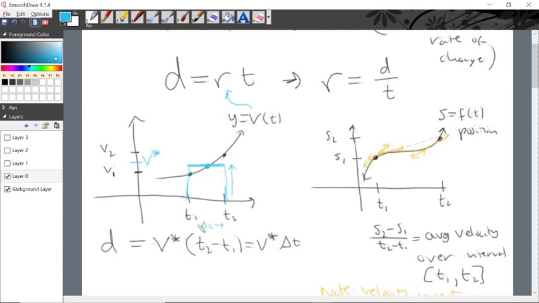Delta t is this width, and v star is this height. And we are calculating the area of this rectangle here. So the area of that rectangle right there is an approximation for the distance that we've traveled.